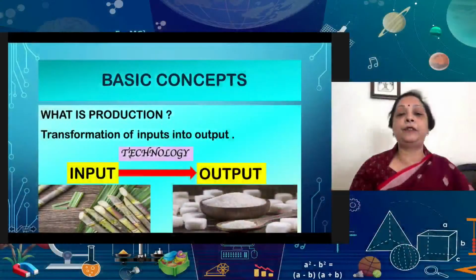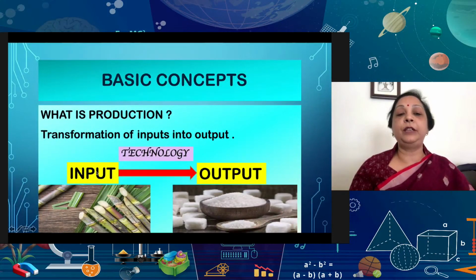Yes. Okay. So viewers, we are going to start with production and cost, which is a part of the producer behavior and supply aspect. We begin with the concept of production. What is production? Production is the transformation of input into output. When a producer produces something, he is transforming some inputs into outputs. And how does he do it? With the help of technology.